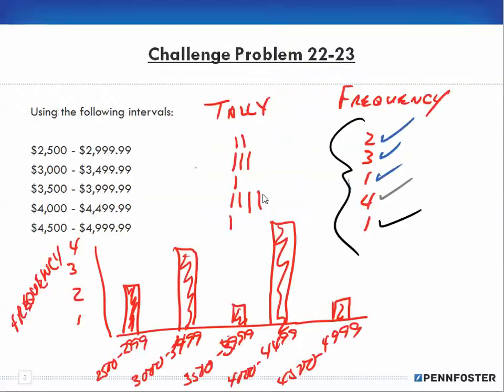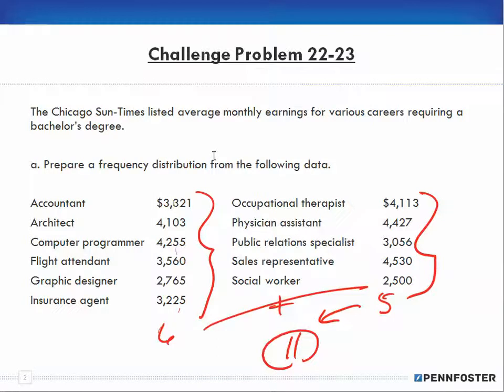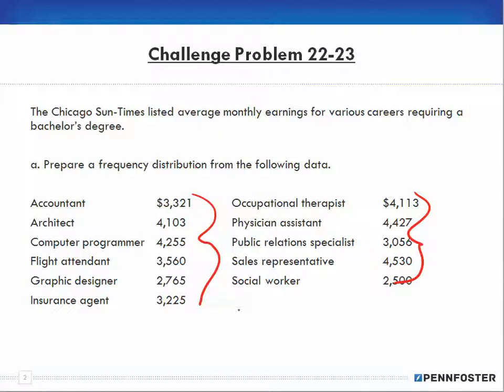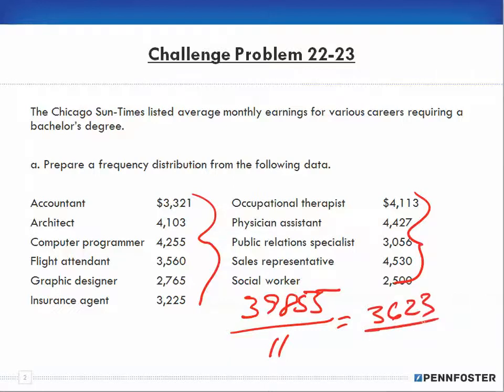Again, I took all of these numbers, added them all up, came up with 39,855, and since there's 11 of them, I divided by 11, and that gave me an average of 3623. So that is the mean, the average.